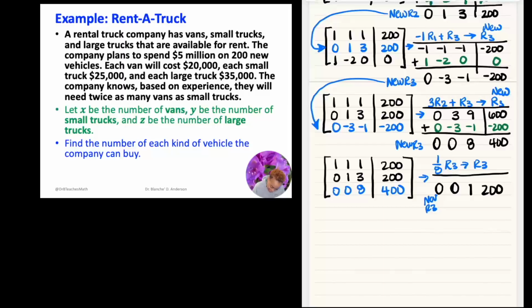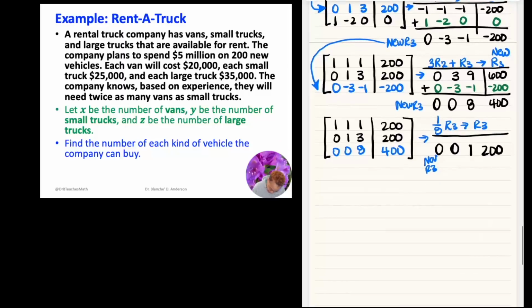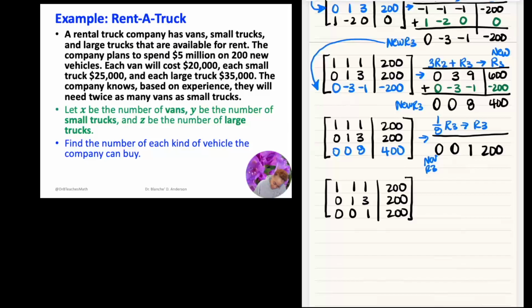So we got 1, 1, 1, 200, 0, 1, 3, 200, and then 0, 0, 1, 200. Oh, hold on, that's not right.